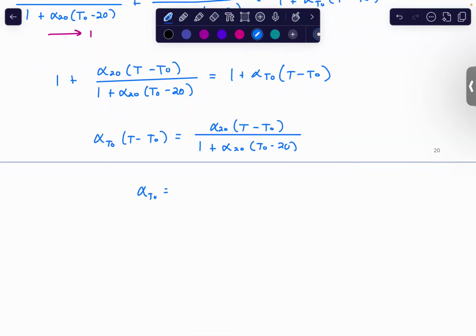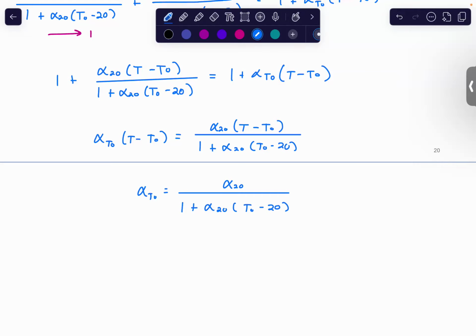And I get an expression on how to convert alpha between 2 different temperatures. Or at least in this case, I specifically was shooting for between 20 degrees and whatever temperature I'm looking at, because our table has our alphas at 20 degrees.